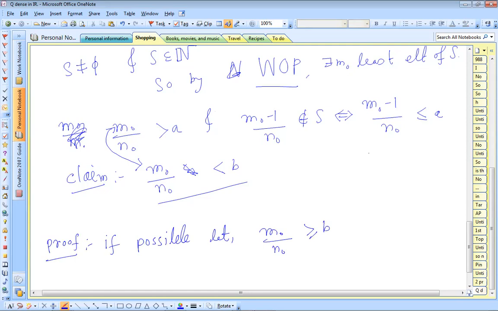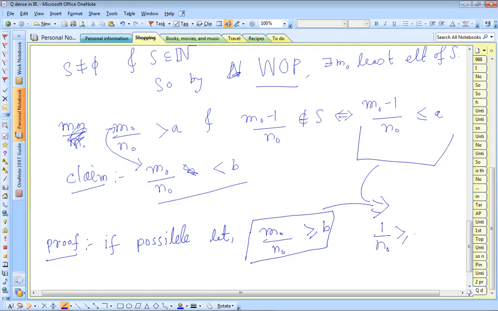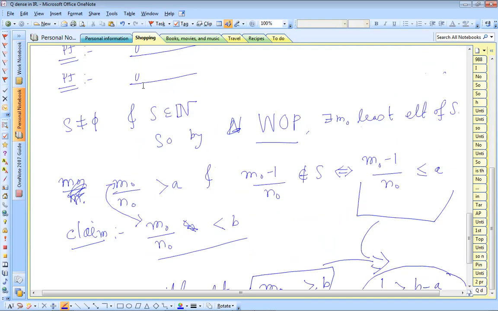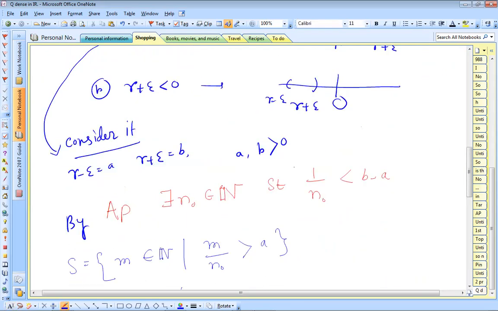Then observe this equation and this equation together imply 1 by n naught is greater than or equal to b minus a. But observe that our 1 by n naught was less than b minus a. So of course it is a contradiction.